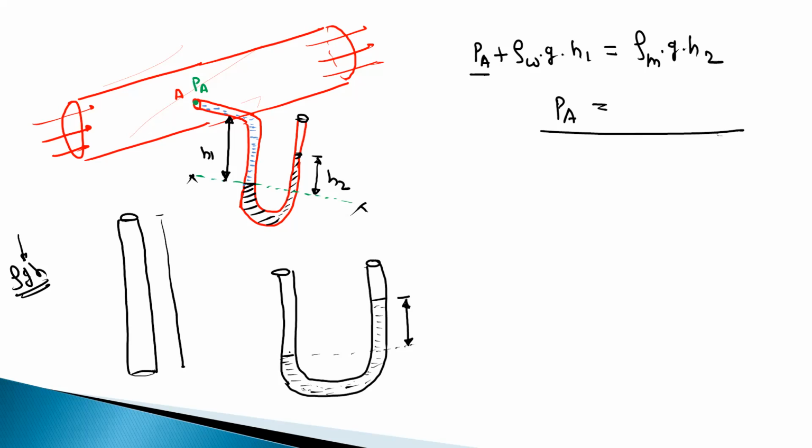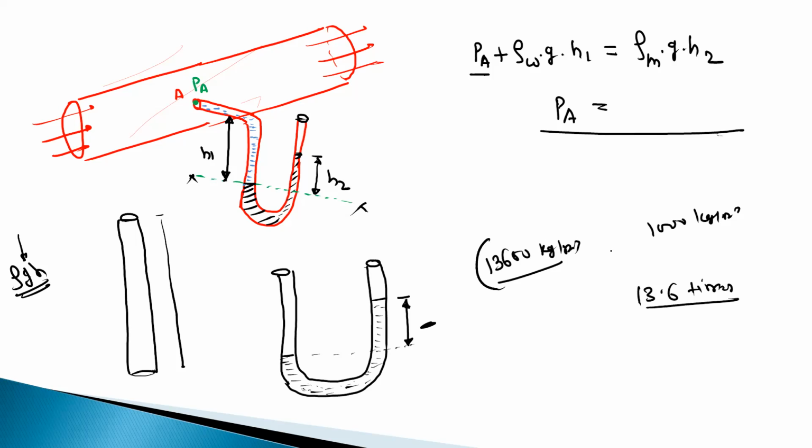So we can use a small height tube as a U-tube manometer for measuring higher pressures. Right now mercury has a density of 13,600 kg per meter cube. What is the density of water? Water has just 1000 kg per meter cube. So mercury is 13.6 times heavier than water. Therefore we are decreasing the height or level difference by 13.6 times.